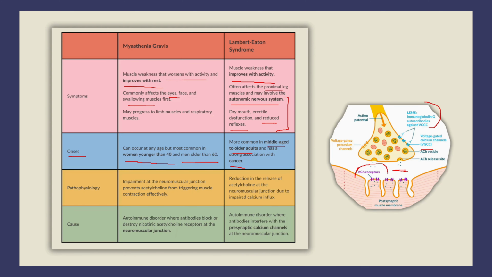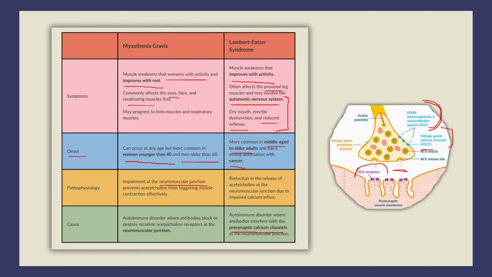So just to briefly summarize, in Lambert-Eaton syndrome the antibodies block the presynaptic VGCC, and thus less acetylcholine is released into the cleft. So the pathophysiology in Myasthenia Gravis is a neuromuscular junction problem, while Lambert-Eaton is a presynaptic calcium channel problem.